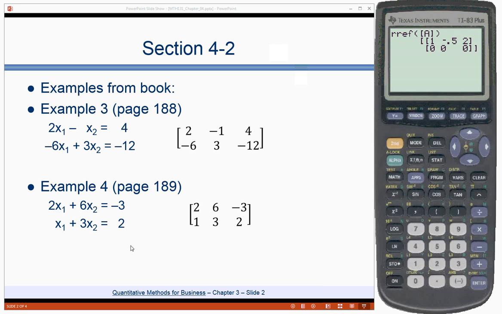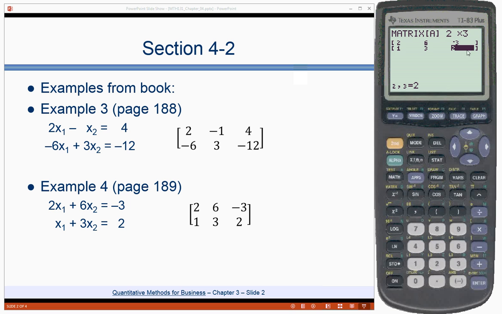Let's look at example 4 on page 189. And again, I need to put this matrix in, so I do second matrix, go over to the edit menu. Again, I already have it listed as a 2 row by 3 column matrix, so I just need to put the numbers in. 2, 6, minus 3, 1, 3, 2.